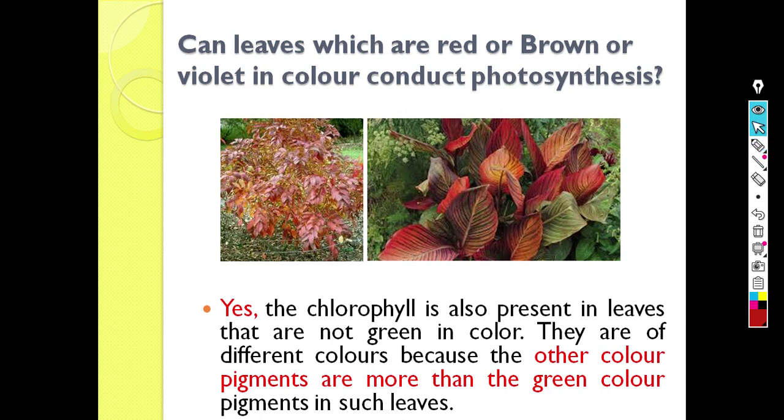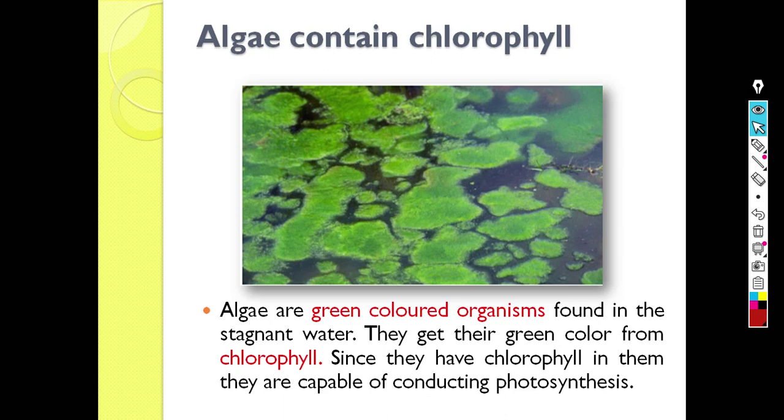Now next, algae also contain chlorophyll. Have you seen algae? What is algae? We must have seen that if the water is stagnant, like in a pond, stagnant means it is stopped for a long period, what will happen?